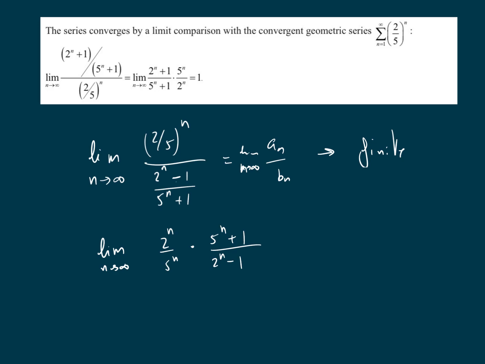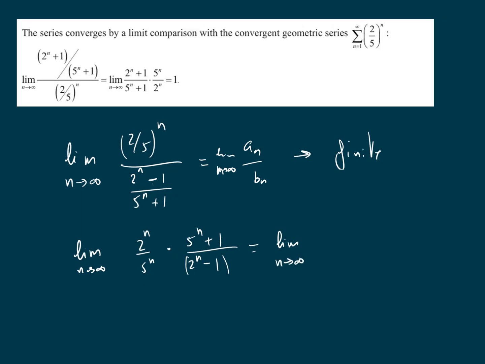How will I do this limit? It will be equal to the limit when n goes to infinity of (2^n + 5^n)/5^n... Now this fraction I'm going to divide everything by 2^n.